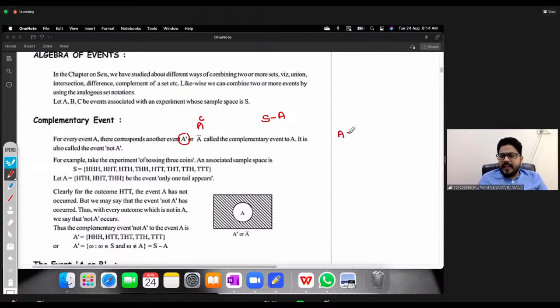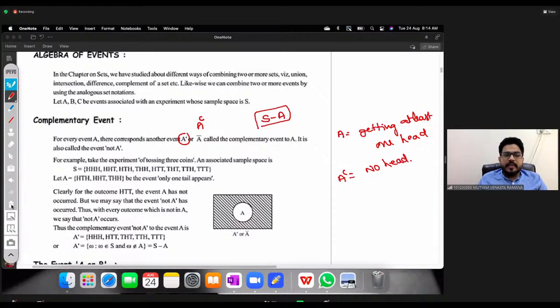Set A is getting at least one head when you throw two coins. A complementary is getting no head. So this is the sample space or universal set. In set theory language, it's a universal set. This is A, so the rest of the things are A complement. S minus A is the complementary set.